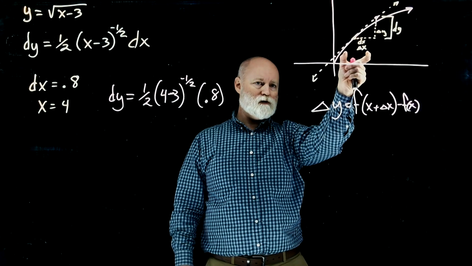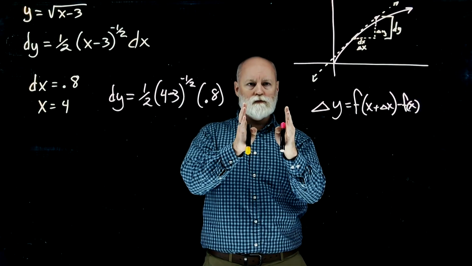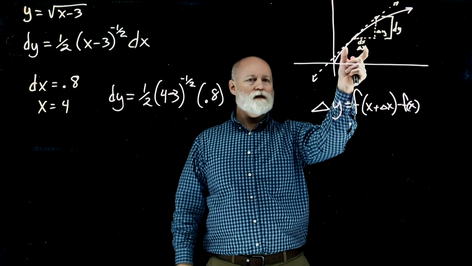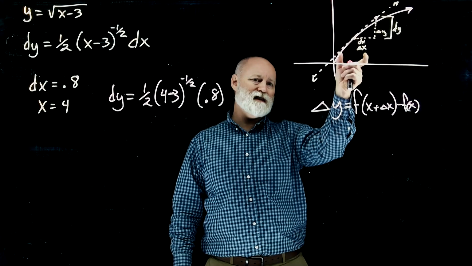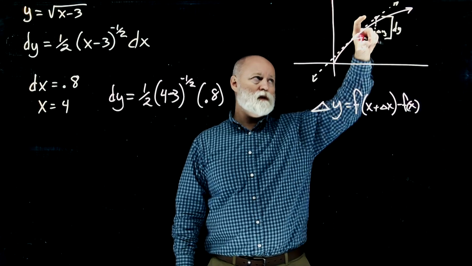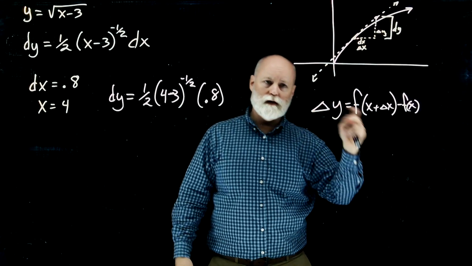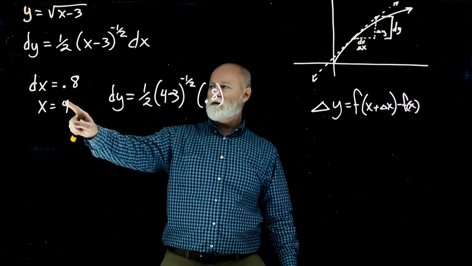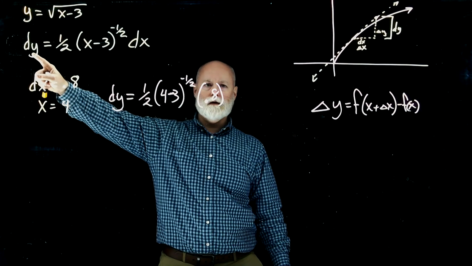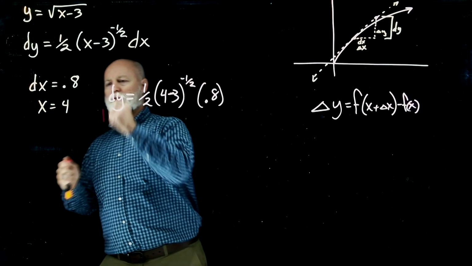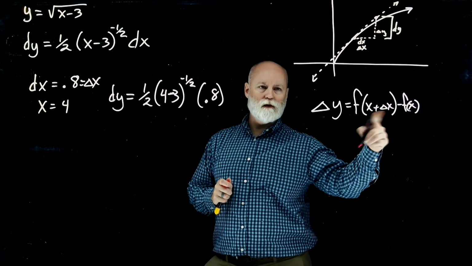So we've standardized, or created this locking section, if you will, where delta x and dx are the same value. We're going over by the same amount so that we can compare the difference between the actual curve and the tangent line. That's the purpose of locking in the value of dx, which is why we separated the dx from the dy, and then we assume this is also equal to delta x, so we use it over here as well.